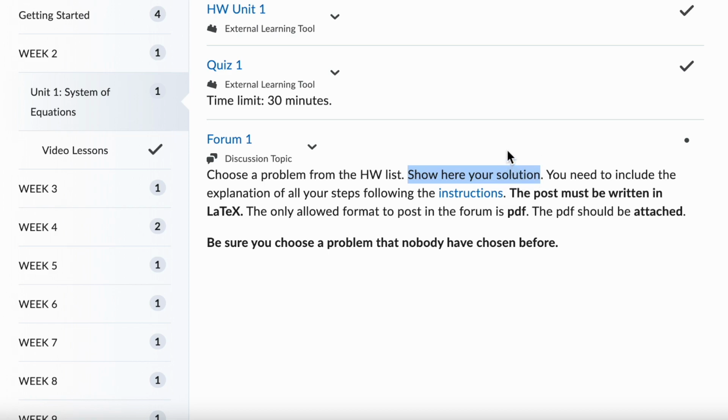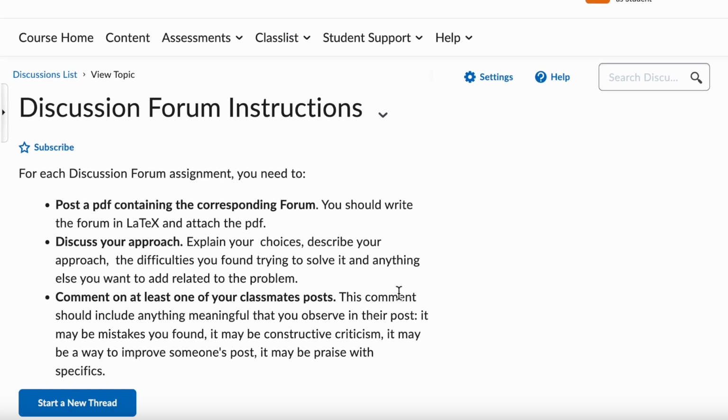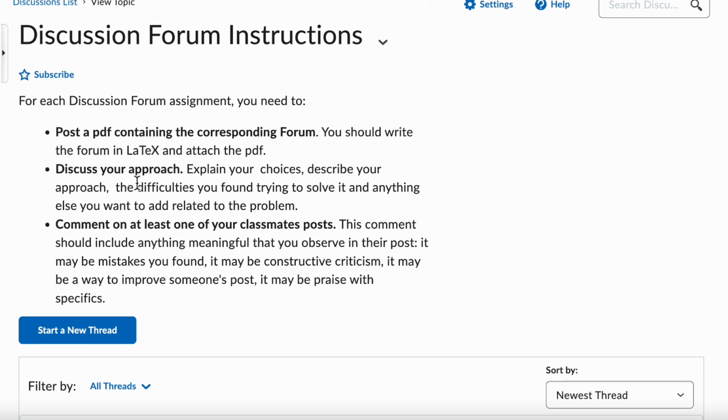You have to write a paper every week showing your solution of a particular problem in the homework list. You need to include the explanation of all the steps to solve that problem, following the instructions. If you click on the instructions, they tell you exactly everything that you have to do in the forum.